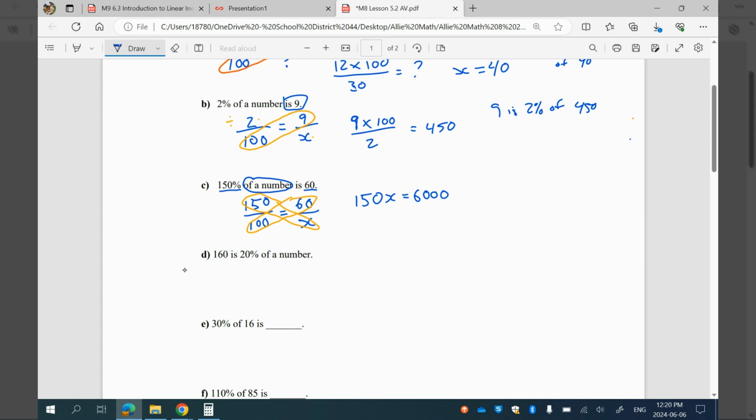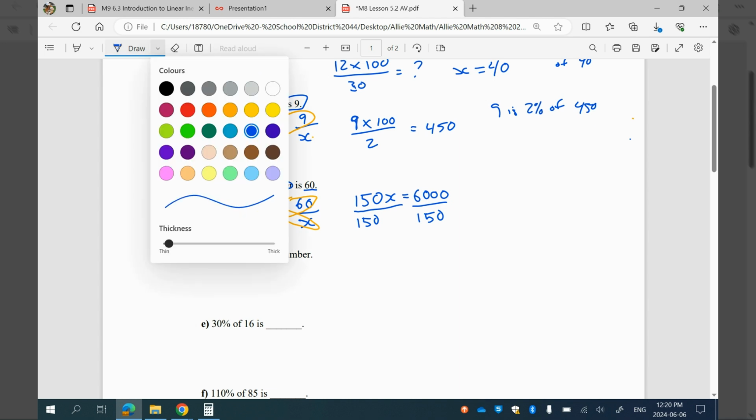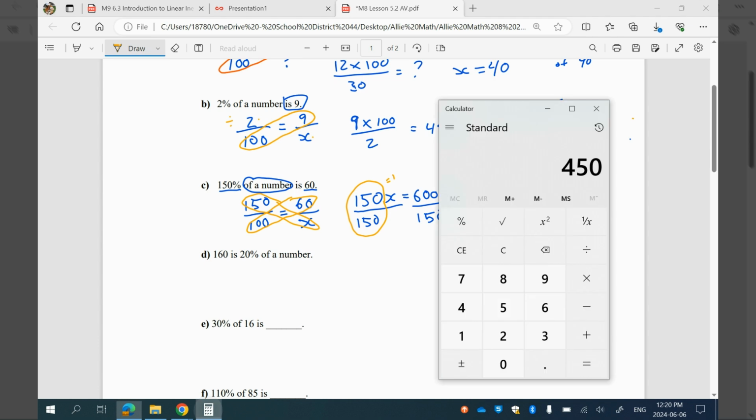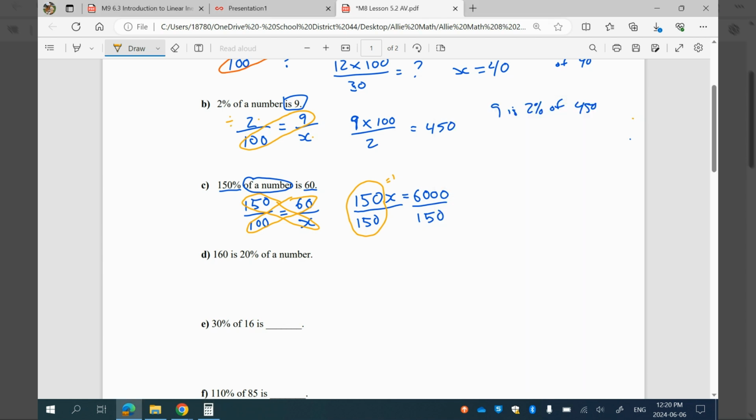And now to get the x by itself, we divide by 150 on both sides. If you'll notice, now we have 150 as a fraction over 150, which equals 1. So that's why we can say x is going to equal 6,000 divided by 150. So 6,000 divided by 150 equals 40.